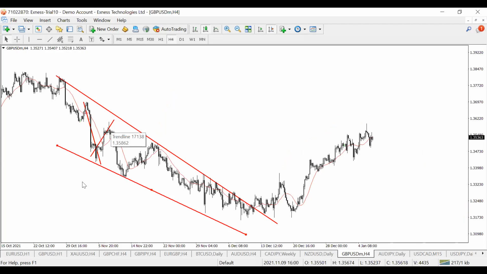Sellers are dominant here. What happens is that the sellers will take price down and relax, like during the night where there's not much trading activity. Then the little sellers, the retail traders, will enter the market and push price up a little bit.